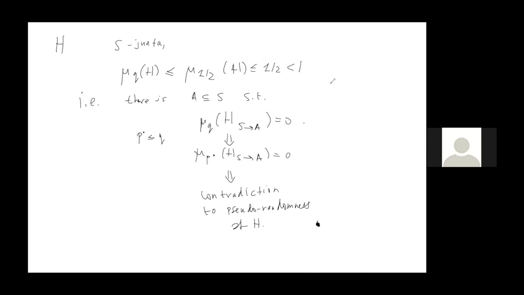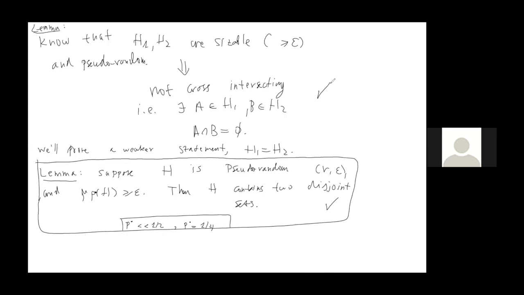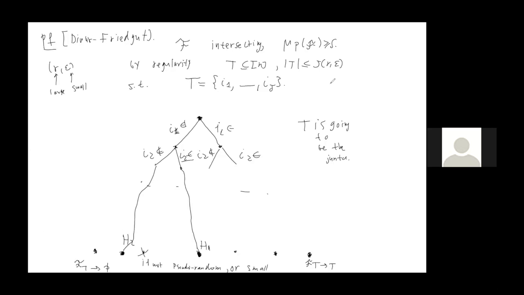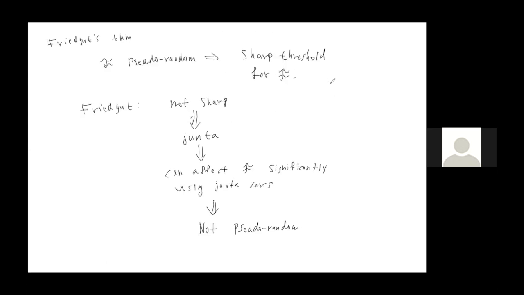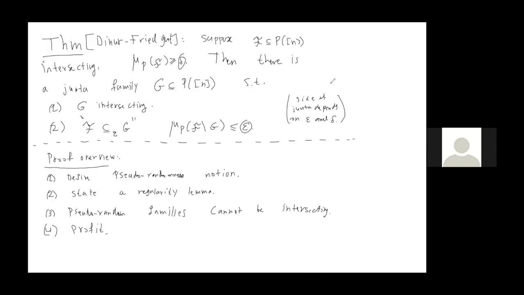Can you just state it again, the Dinur-Friedgut theorem, so we remember what it all proves? Yeah, very good. So this is the Dinur-Friedgut theorem. We have a family of subsets, capital F, and we have some parameter P that is bounded away from half.